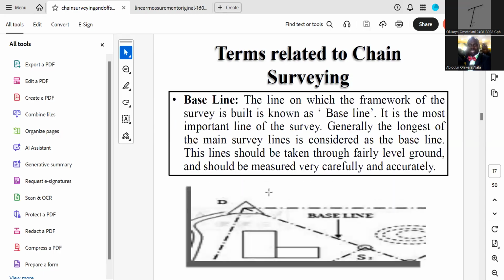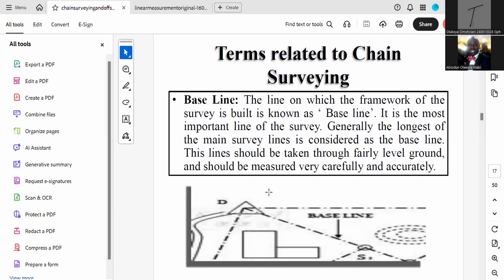Now I've talked about the longest line in the chain survey, and it all passes through the property or the area of the survey. The line on which the framework of the survey is built is known as the baseline. That's another definition. Take note. The line on which the framework of the survey is built is known as the baseline.